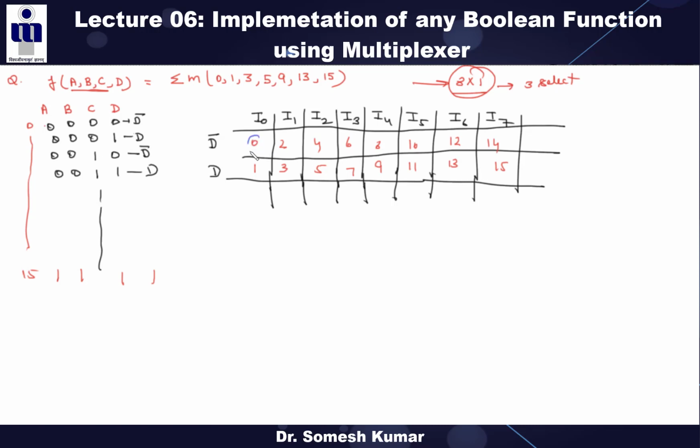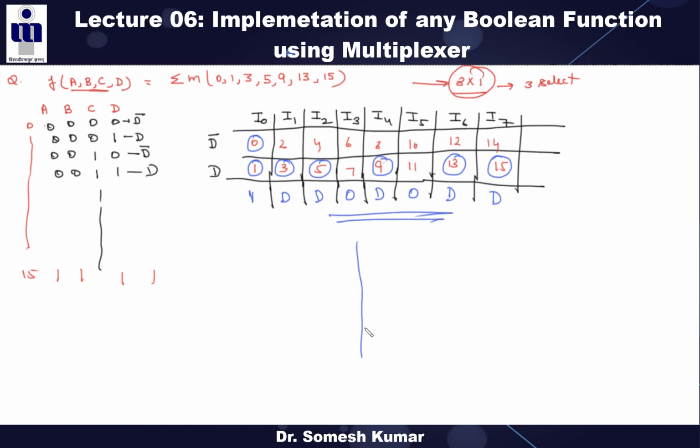These are your min terms 0, 1, 3, 5, 9, 13 and the 15, right? So now what is I naught? I naught is your 1, I1 is D, I2 is D, I3 is 0, I4 is D, I5 is 0, I6 is D, I7 is D, right?